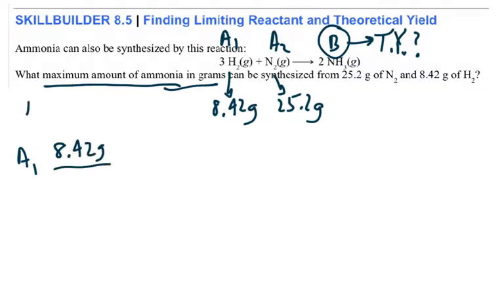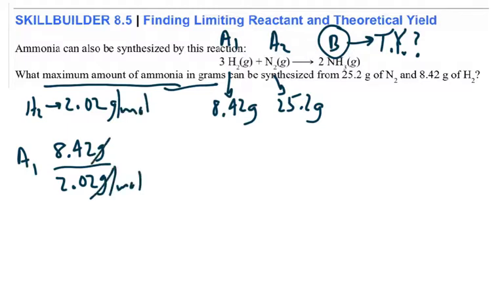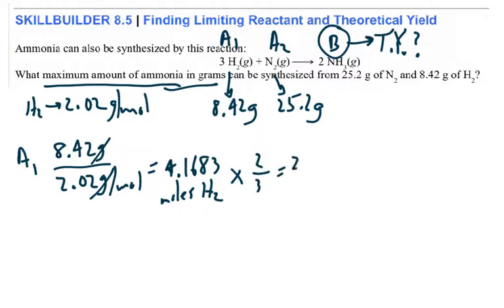Now remember, hydrogen's molar mass is 2.02, so we're going to divide by 2.02, and the units here are grams per mole, and you're going to get 4.1683, and that's moles of H2. The mole ratio, B over A1, is 2 over 3, and that's going to give us 2.7789, and that's moles of NH3.